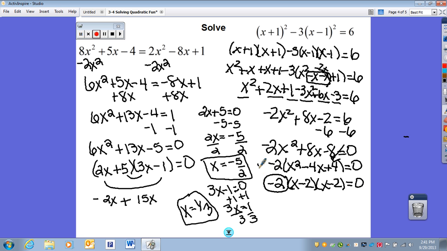So basically, when you have a leading coefficient that is just a number, we don't have to worry about that. So we're going to set this equal to 0, x minus 2 equal to 0, and add 2 to both sides. So our solution after that long problem is x is equal to positive 2. Okay?